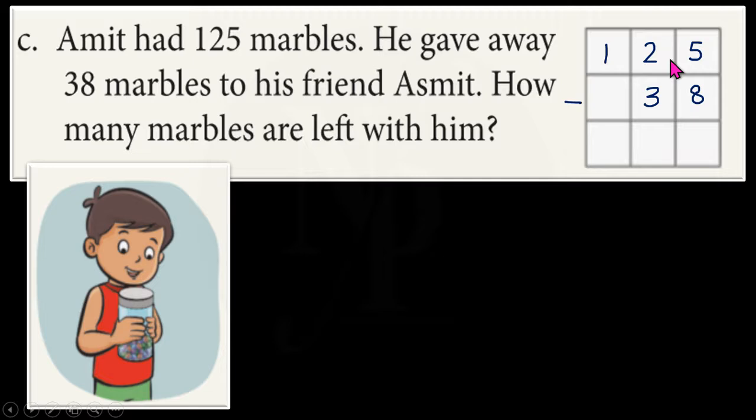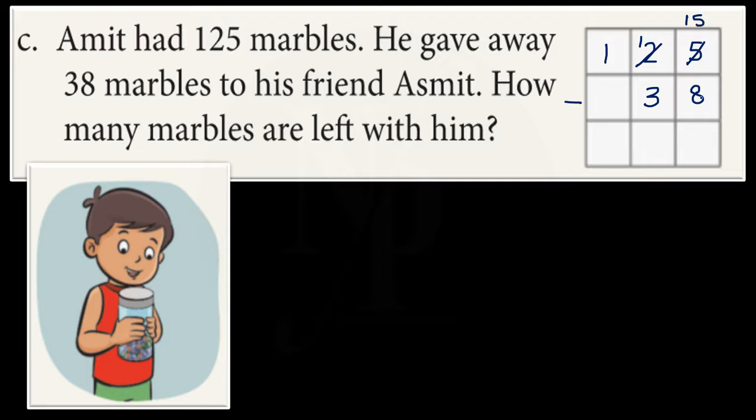We make these 2 tens as 1 ten and borrow 1 ten to the ones column, and we know that 1 ten is equal to 10 ones. So 10 ones and 5 ones together becomes 15 ones. So I write 15 here.